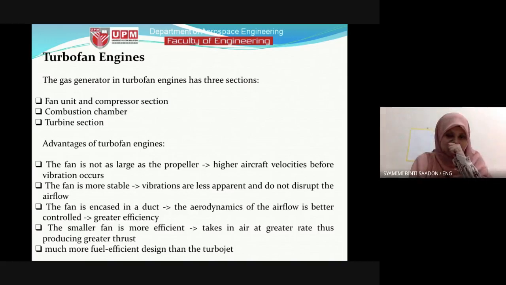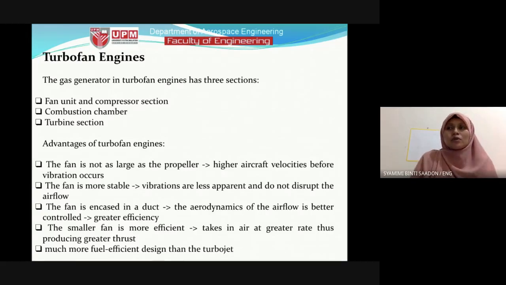So the fan is not as large as the propeller, so it is able to increase velocity before vibration occurs, because normally if the fan or the propeller is large, it will produce vibration.